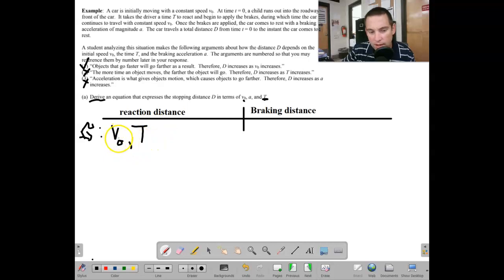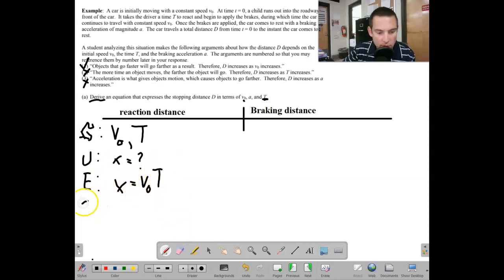So let's keep capital T here, and we'll keep our speed as v naught. Now, what don't we know about the reaction distance? We don't know the distance, of course. So what equation can we use that relates v naught, x, and T? That's right. x equals v naught times capital T. Next we would substitute and solve, but there are no numbers here, which is a great thing. That means there's no calculator error potential.